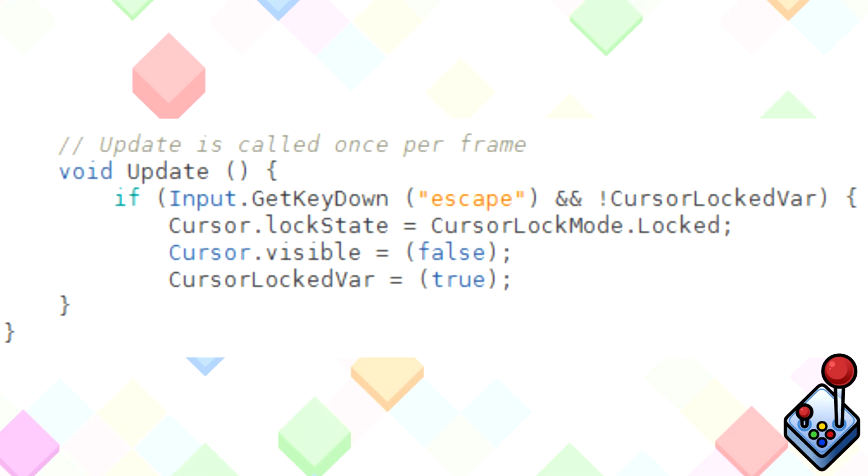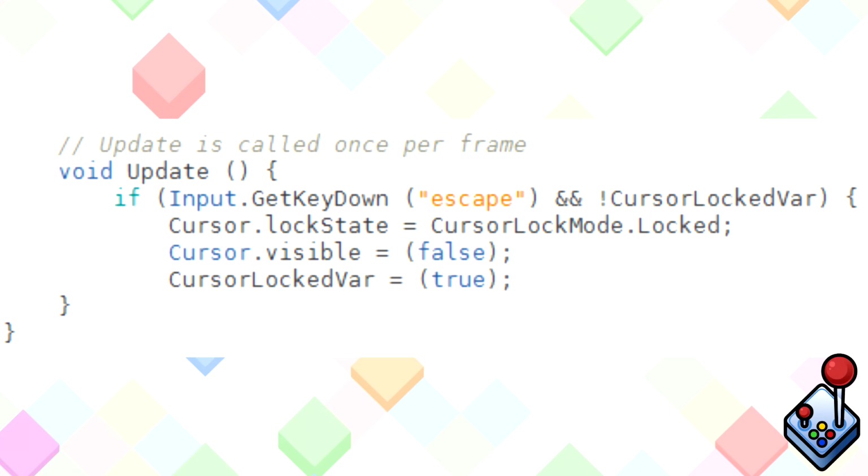Under the void Update, we'll put a simple if statement. If Input.GetKeyDown Escape and not cursorLockVariable, then we'll change the cursor lock mode to Locked. We'll change the visible to false, and we'll switch cursorLockVariable to true. This is a very complex code for beginners, and I'm still having a hard time explaining it, but it's very simply put.